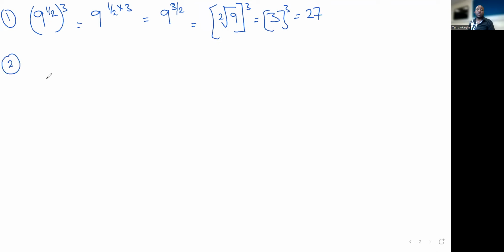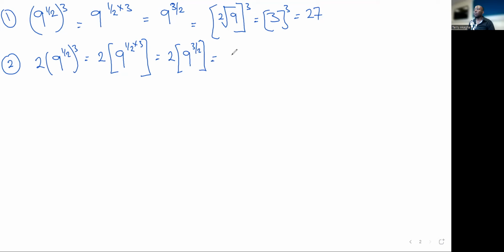Let's pick another one. Let's say we have a coefficient now, okay? 2 into bracket 9 to the power 1/2, raised to the power 3. Like I said, we'll solve it the same way. We'll have 2 into bracket 9 to the power 1/2 times 3, which will give us 2 into bracket 9 to the power 3/2, which will give us 2 into bracket, the square root of 9, all raised to the power 3, which will give us 2 into bracket, 3 raised to the power 3.